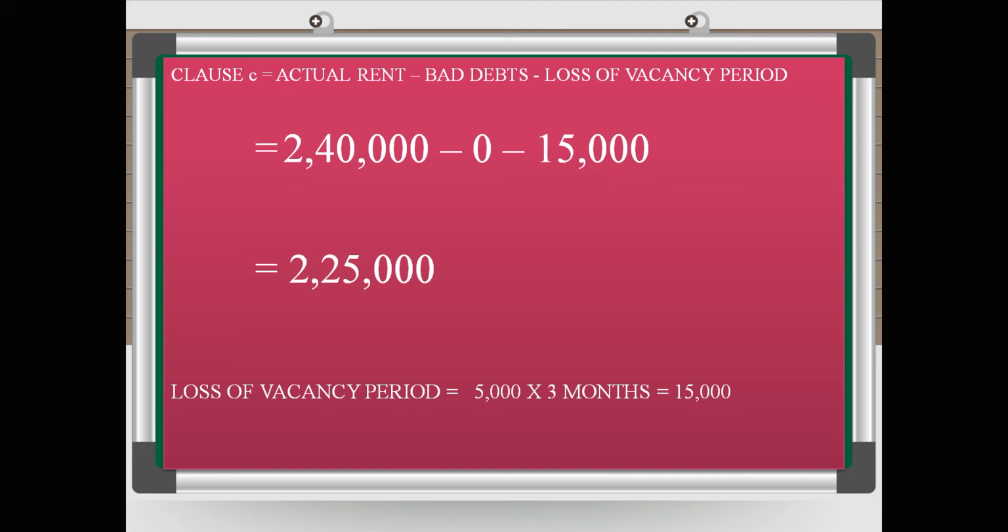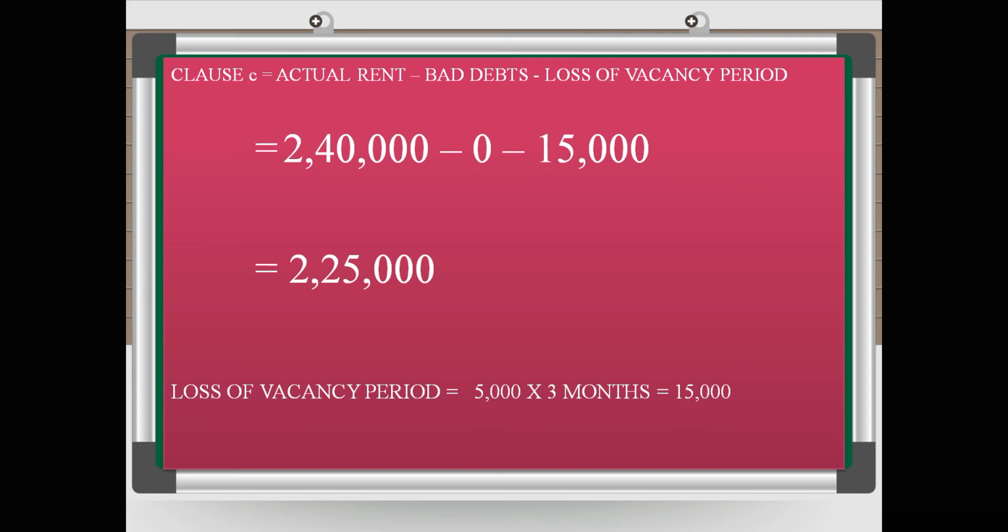Now compare A and C. Because you know that if clause A is greater than clause C, we need to find out revised clause C. What is the case now?